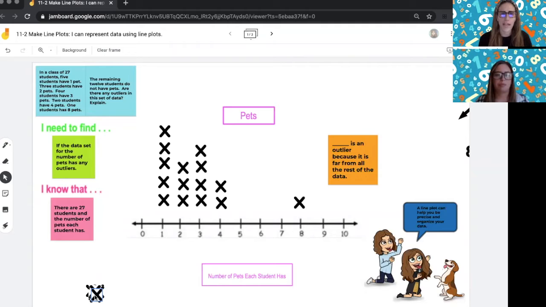So if they do not have pets, Ms. Schultz, it's like they have 0 pets, right? Correct. So we should show 12 students on the 0 number line, on the 0 point. And 12 X's for 12 students having 0 pets. 5, 6, 7.